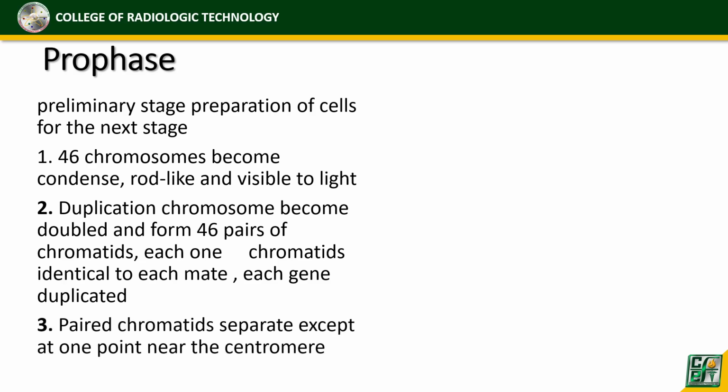So the paired chromatids separate except at the point near the centromere. Okay. So halos magkahiwalay na yung mga pairs ng chromatids. Okay? Except nga lang daw doon sa area na malapit sa centromere.